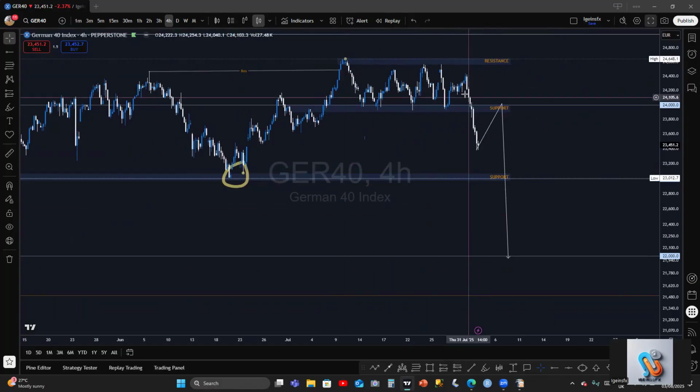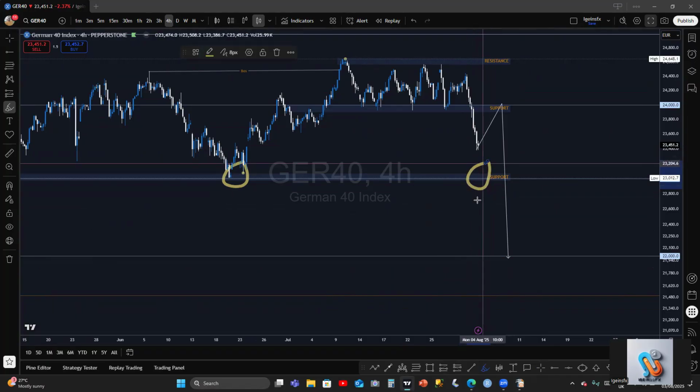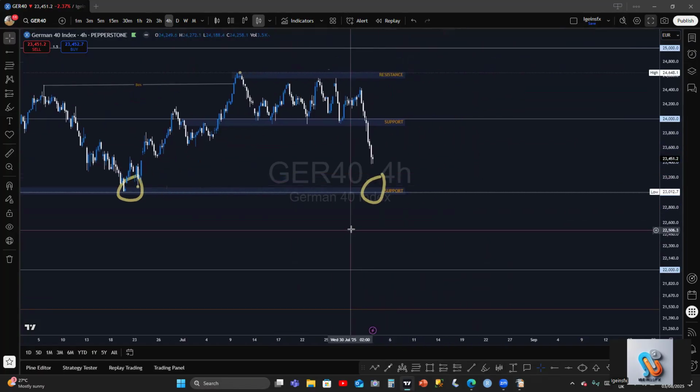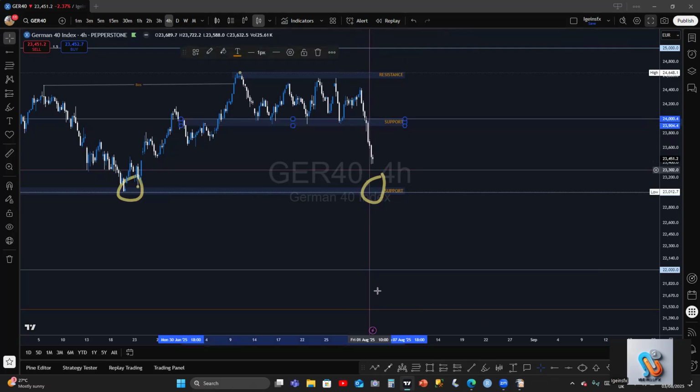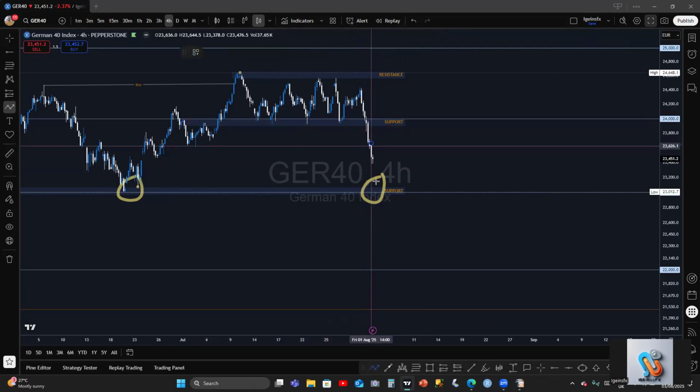Then it's possible for price to come back to this point before it bounces, then come down.